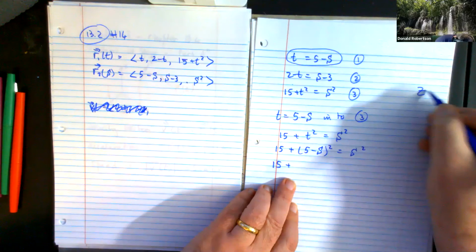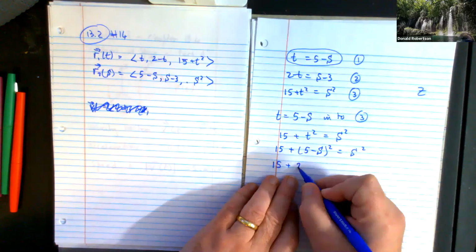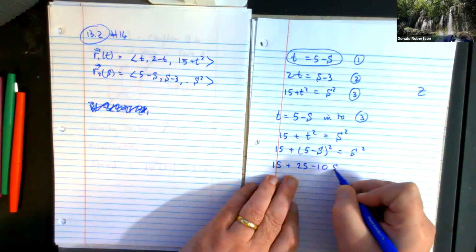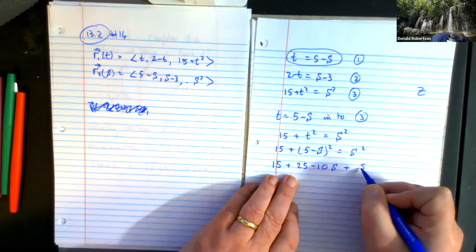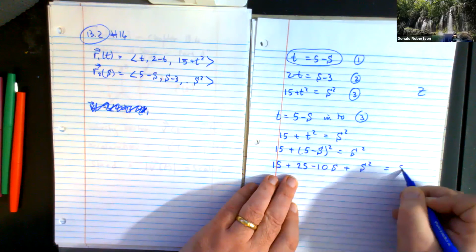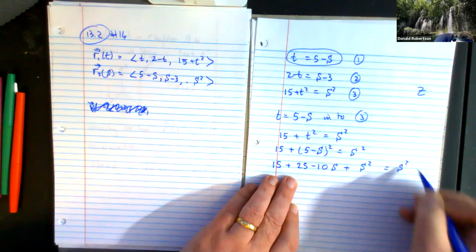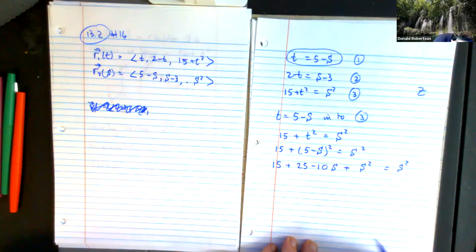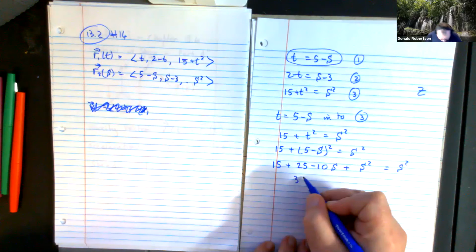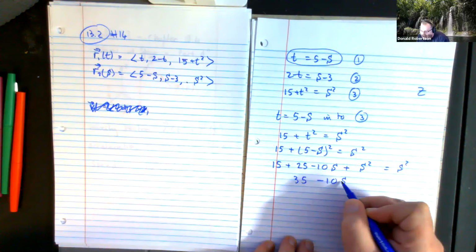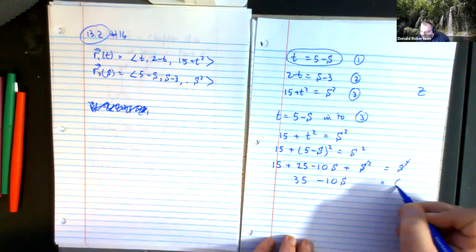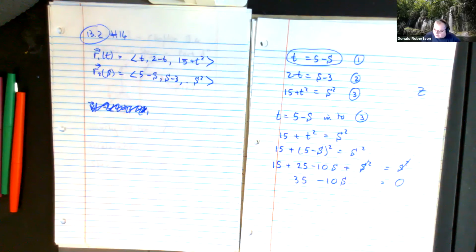25 take away 10s plus s squared is equal to s squared. That's 35 take away 10s, because they cancel and you get 0. You happy with that? Now, can you see in this case, you can actually solve it, right? There's a variable left over that is solvable.